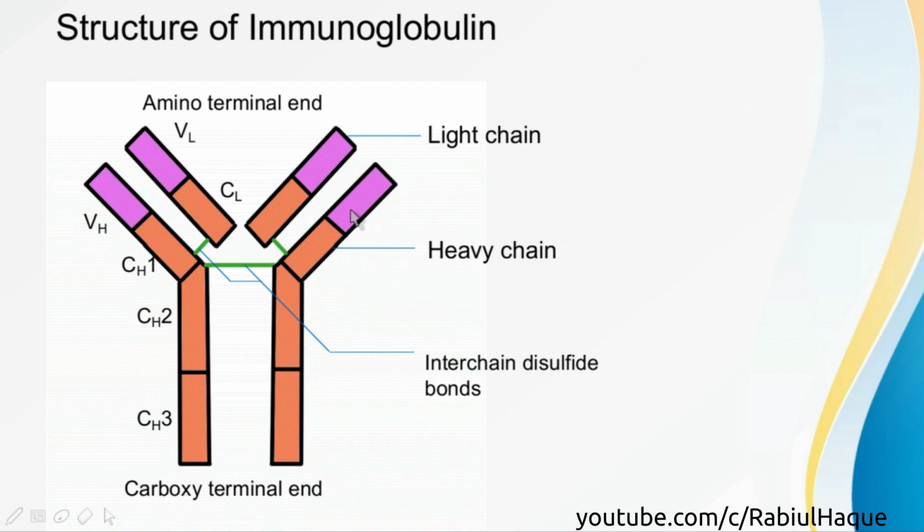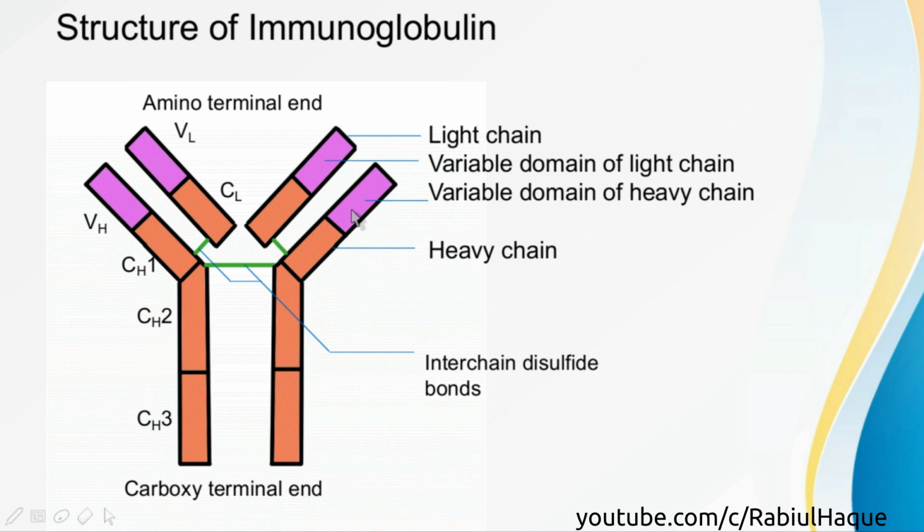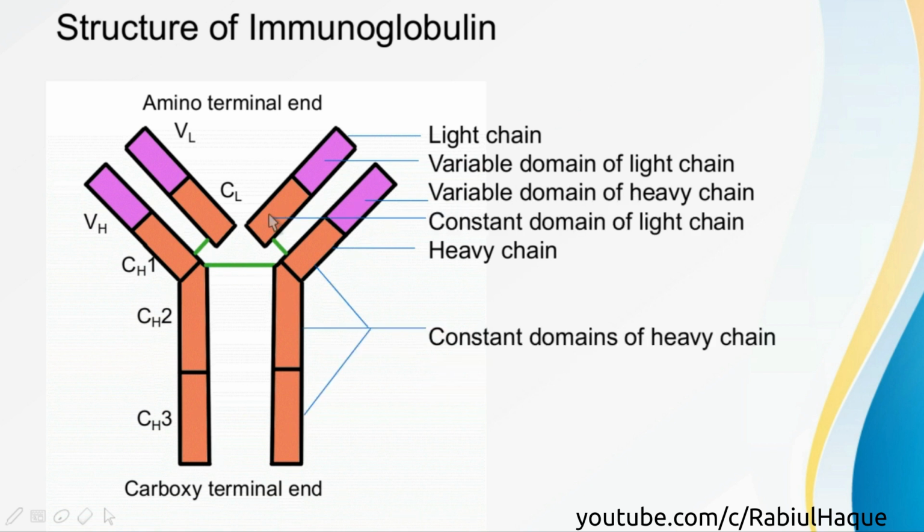They are called variable regions for their variation in amino acid sequences between immunoglobulins synthesized by different B lymphocytes. And we can see that this is the variable domain of light chain, this is the variable domain of heavy chain. Similarly, in orange we can see the constant domain of light chain as well as the constant domains of heavy chain.